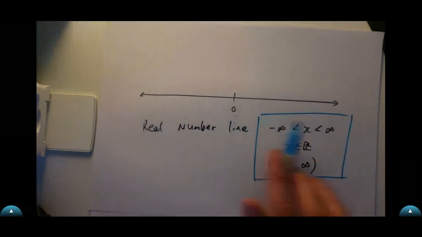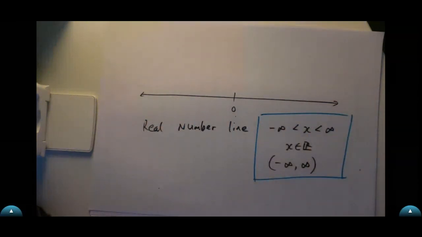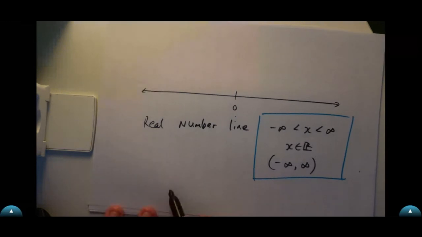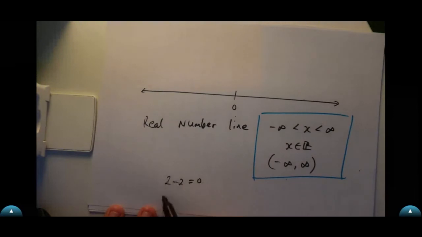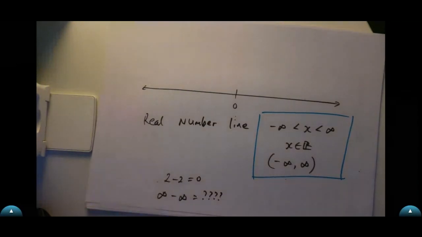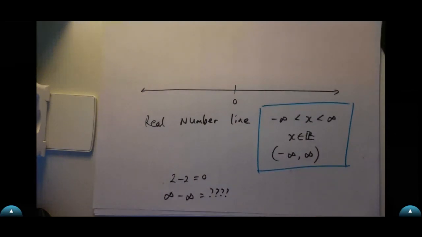We don't include infinity. Okay, infinity is not a number, as you say, Snare. It's a concept, it's an idea, but it's not a number. We can do some things with infinity, but it's definitely not a number. In today's lecture, we talked about indeterminate forms, right? So you know that 2 minus 2 equals 0. But when you have something like this, you don't really know.